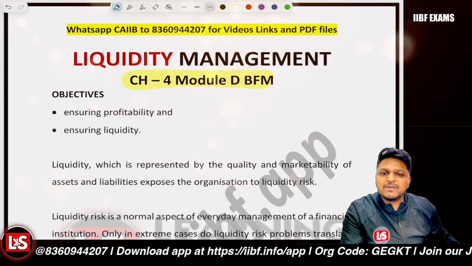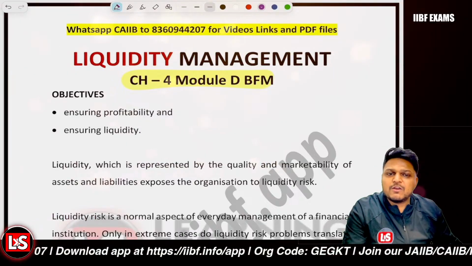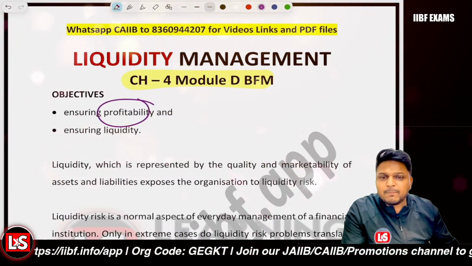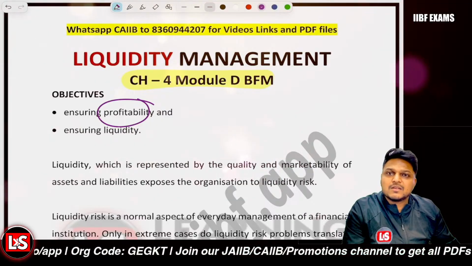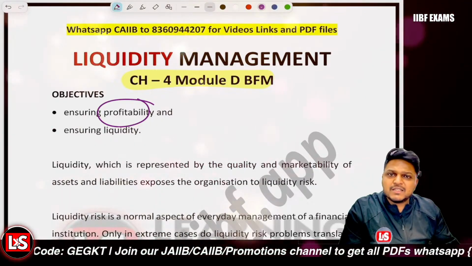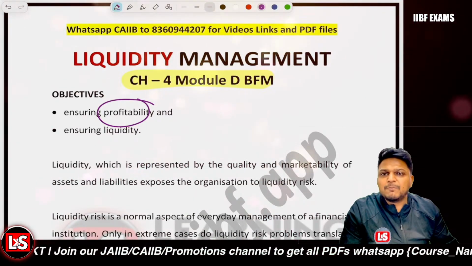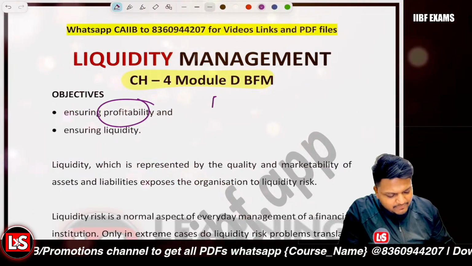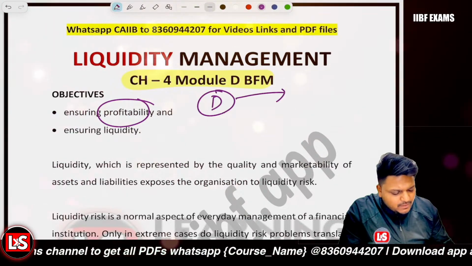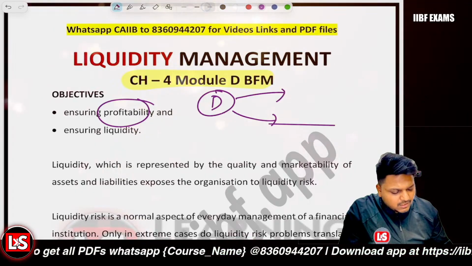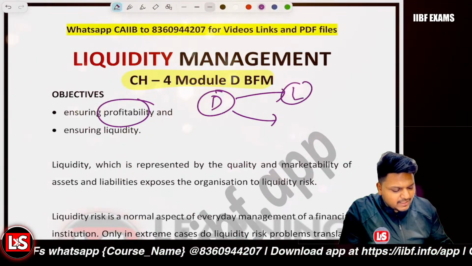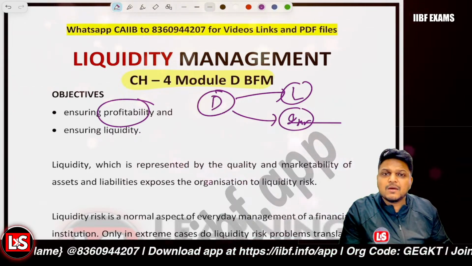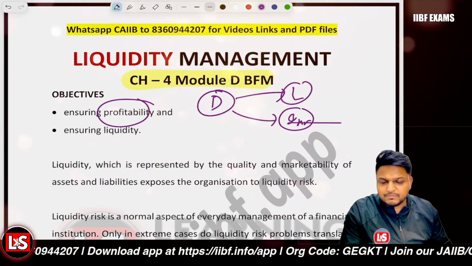We have some objectives of liquidity management first of all. The first objective is related to profitability: whatever funds are there, there should be optimal deployment of those funds. Let's say we have deposits with us. We should deploy the deposits in lending, or invest them further, in such a manner that we make the most profit out of it.